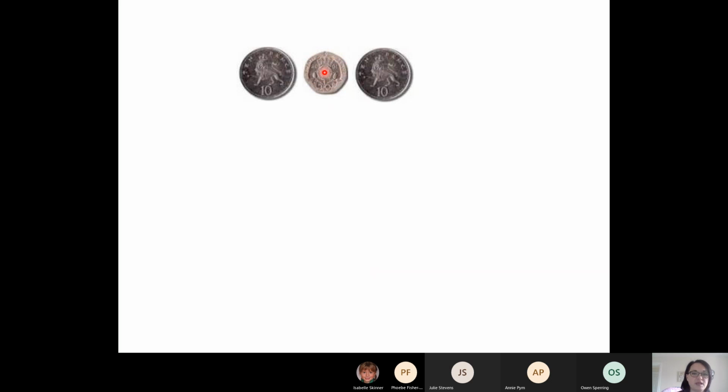So there are 2 tens here, plus this 10, that's 3 tens, and that 10, that's 4 tens. So now you know how many tens you've got. Have a look and see how many ones are left over. Make sure you do write that bit in the space. So hopefully you end up with 40 and not just 4 tens.